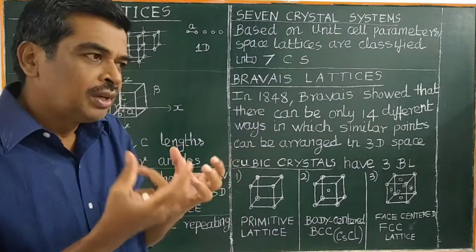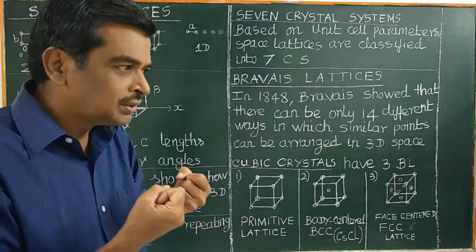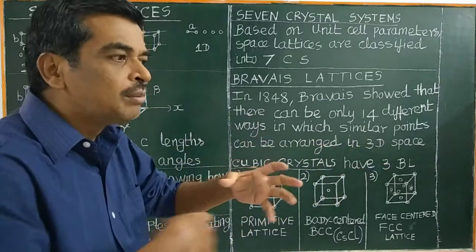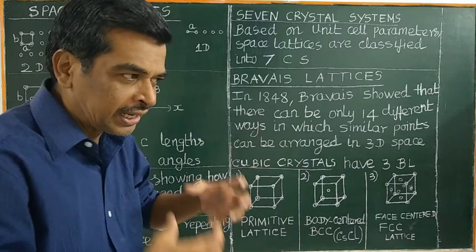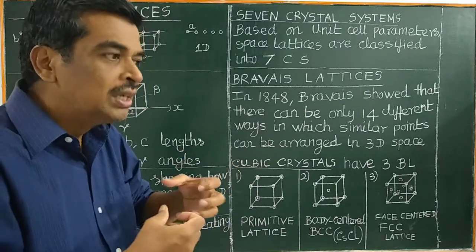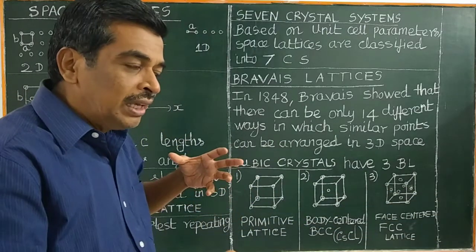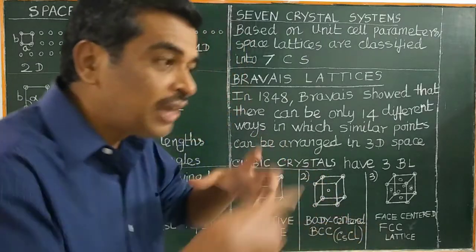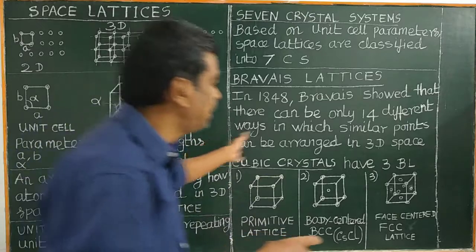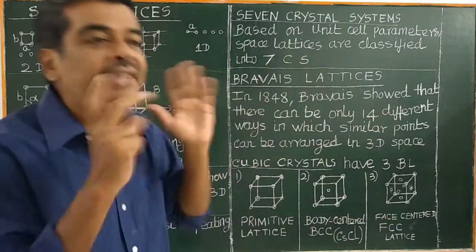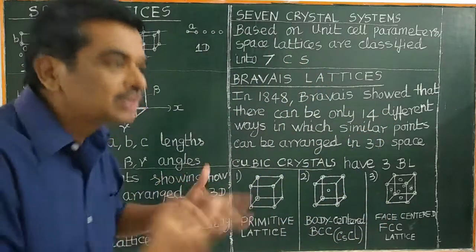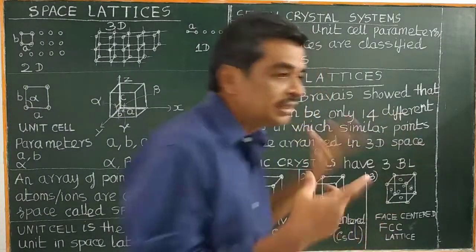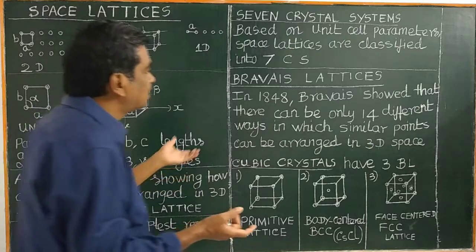He took, for example, spheres, since atoms are considered as spheres, and arranged the balls in three-dimensional space to form a 3D network. Only 14 different ways the spheres can be arranged. That is called Bravais lattices. What are called Bravais lattices?